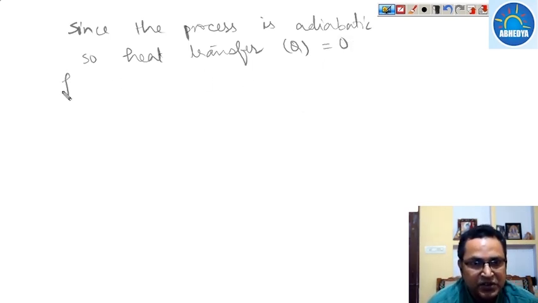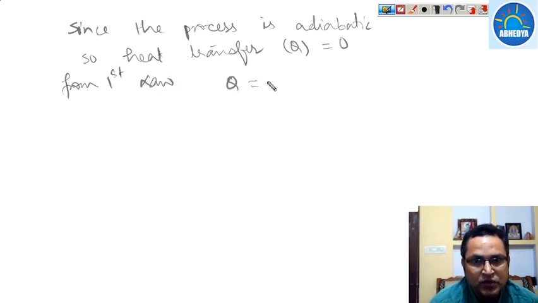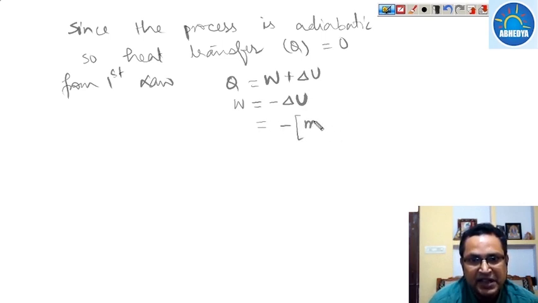So from first law, Q is equal to W plus delta U. W becomes minus of delta U. And what is delta U? Delta U is nothing but mCv delta T. Since ideal gas is an air, for air we are taking that Cv is equal to 800 joule per kilogram Kelvin.